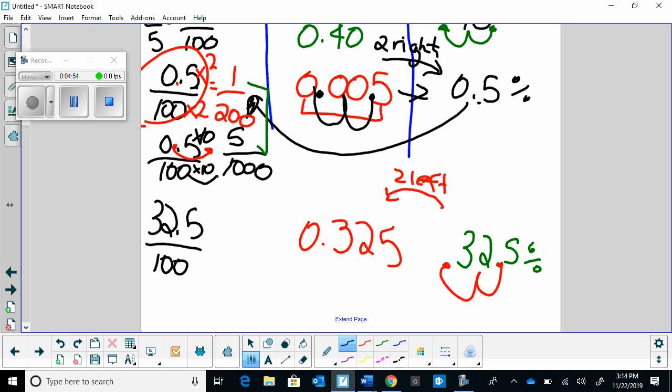To get rid of this decimal point, we could do a number of different things. The simplest one right now: let's make it out of 1,000. If we multiply the top and the bottom by 10, this becomes 325 out of 1,000, which is an equivalent fraction to 32.5 out of 100.